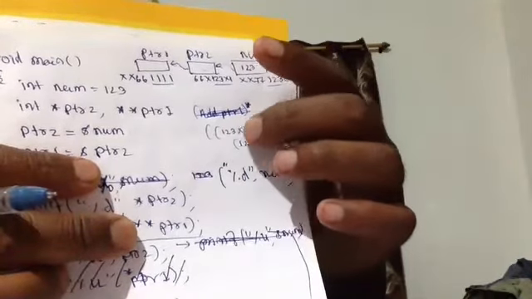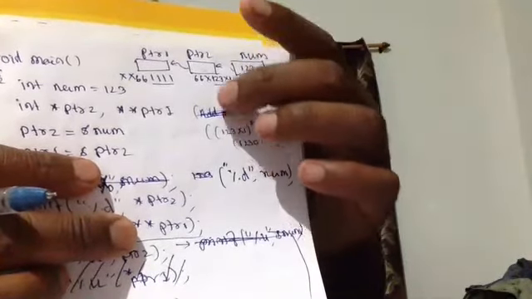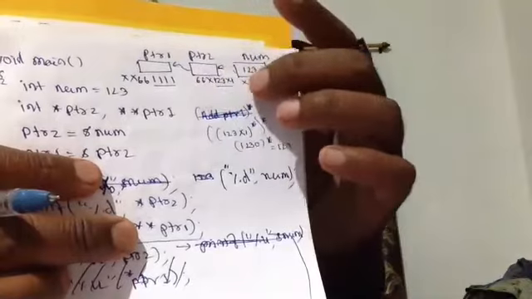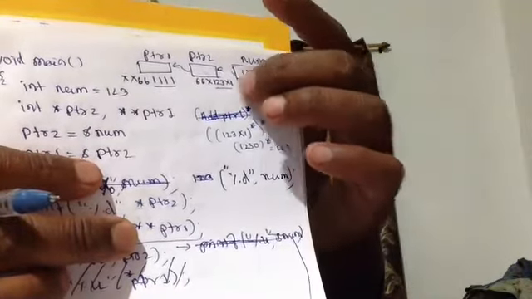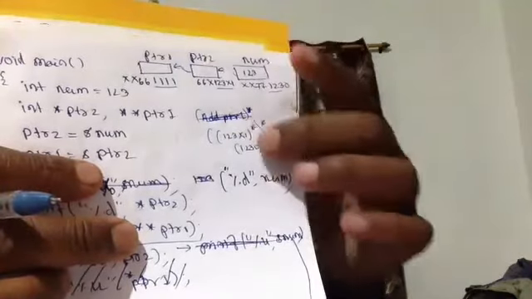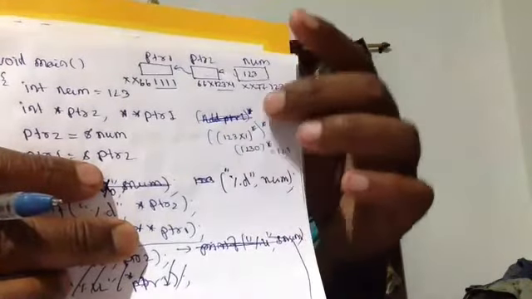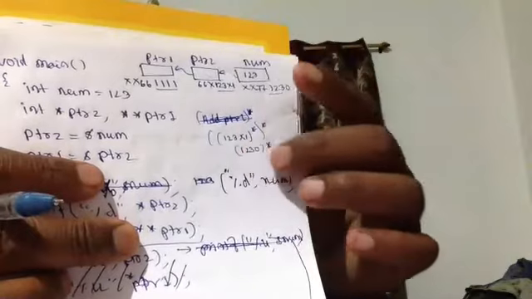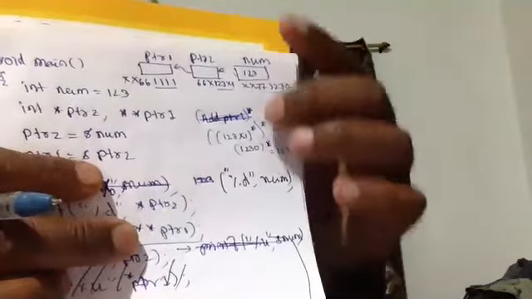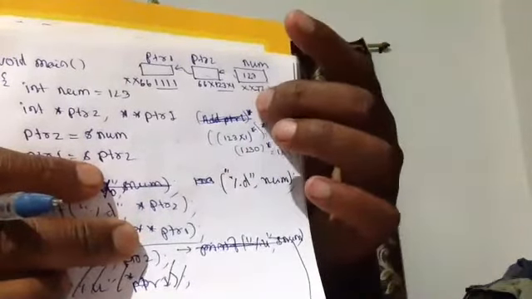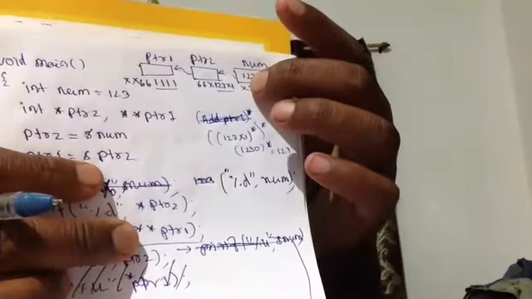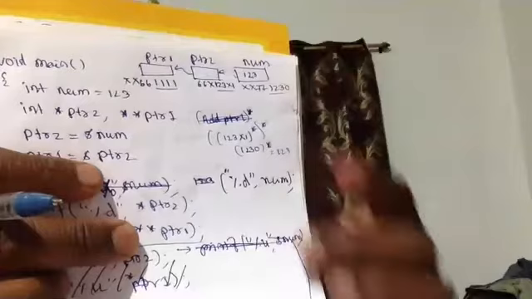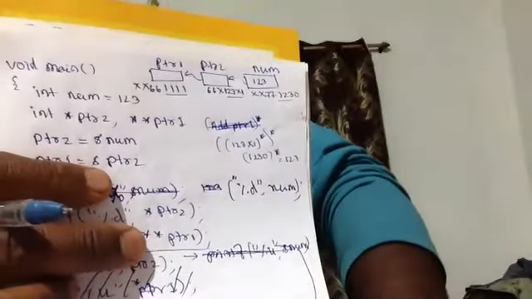What is the content of this address? The num address. Now this address, again I take the last star. Star of this address will go for the content 123. Are you getting? Yes, sir.